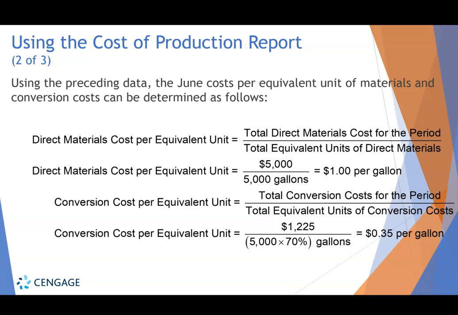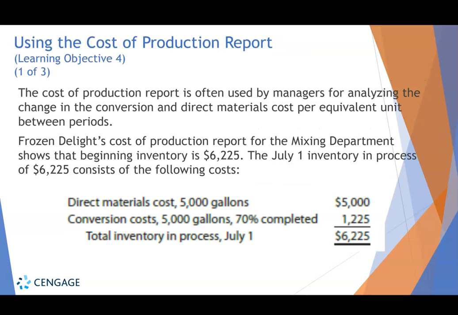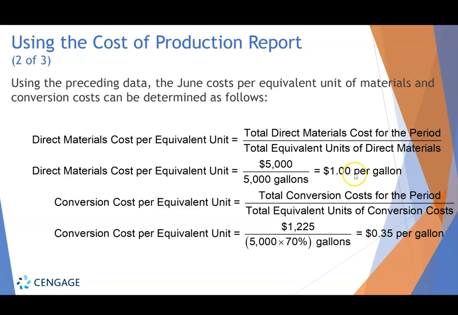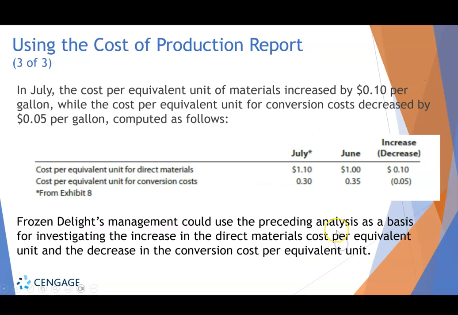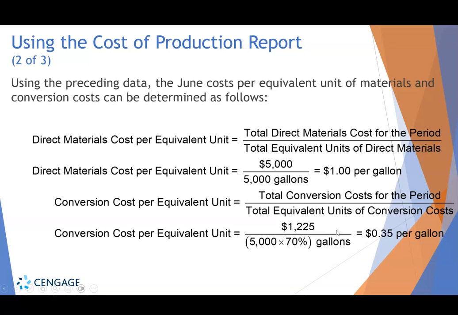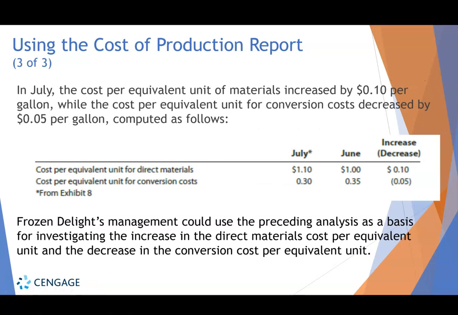Because they were 70% completed, the 1,225 divided by 70% of the 5,000 gallons gives us 35 cents per gallon of conversion costs.